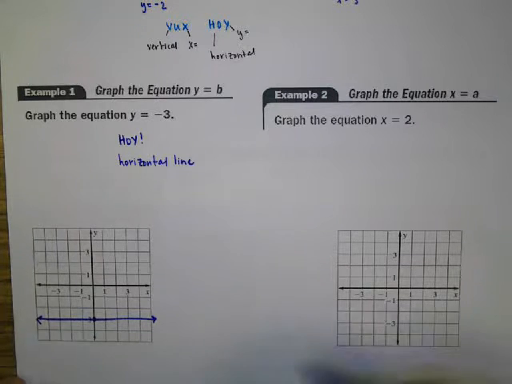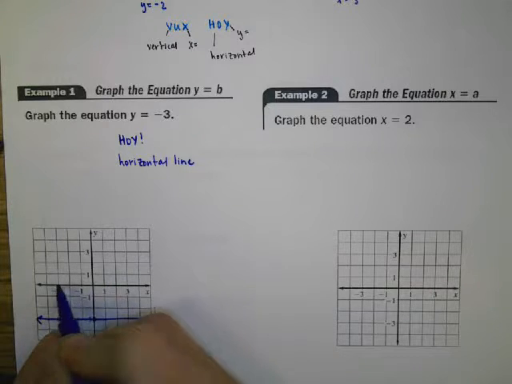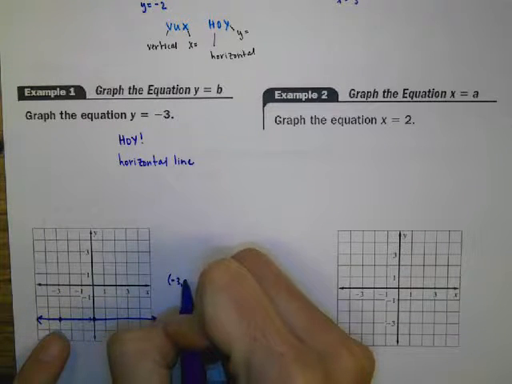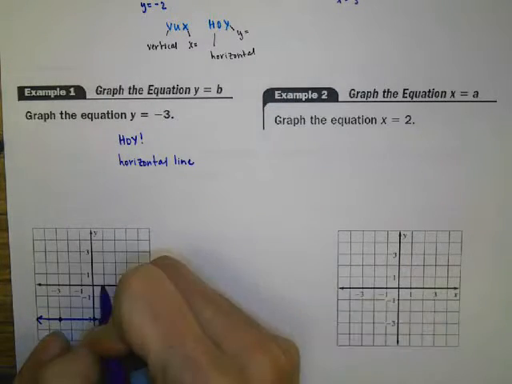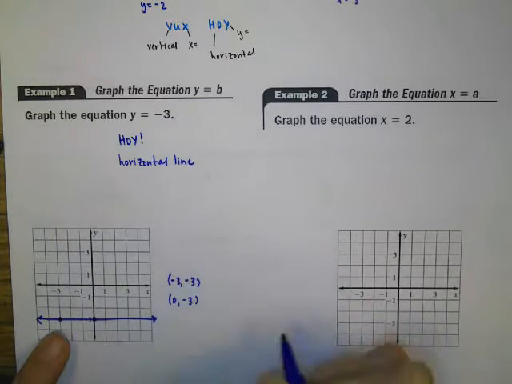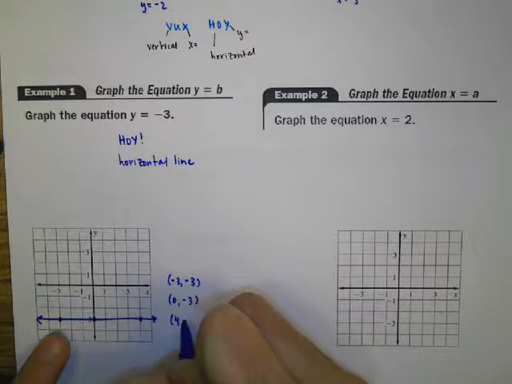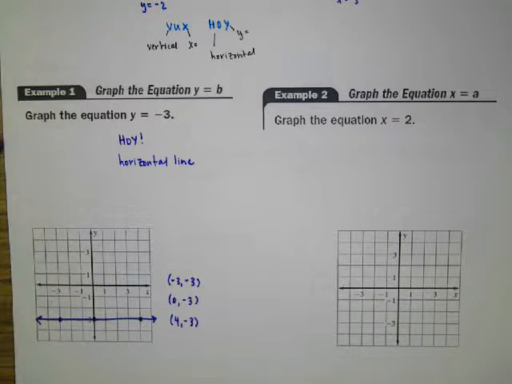Now, something I want to point out, I'm just going to pick out a couple of points on this line. So this coordinate would be -3, -3. I'll pick this one I had here, 0, -3. And then if I pick this point, I've got another point.